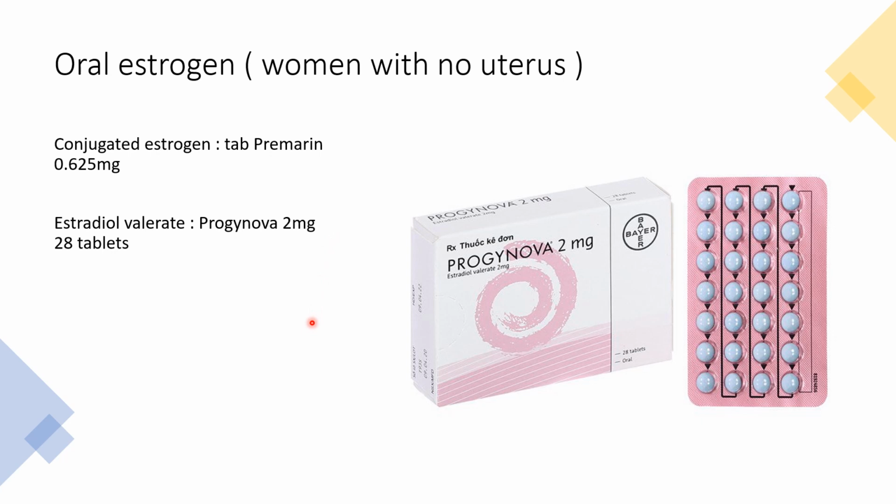One more indication is androgen insensitivity syndrome, in which a female does not have a uterus, but she has secondary sexual characteristics. To maintain those characteristics, she is prescribed Progynova till her age of menopause. This packet has 28 tablets, and it is easily available in Pakistan.